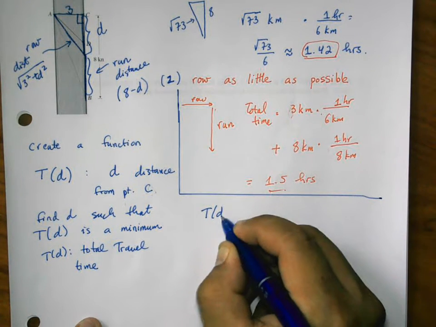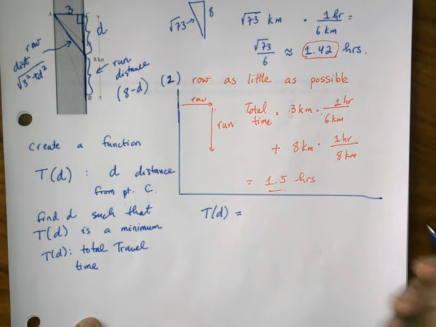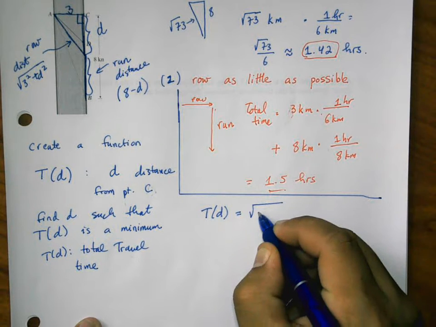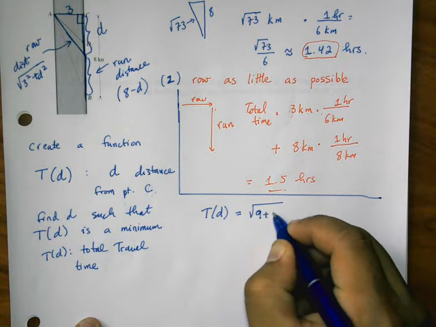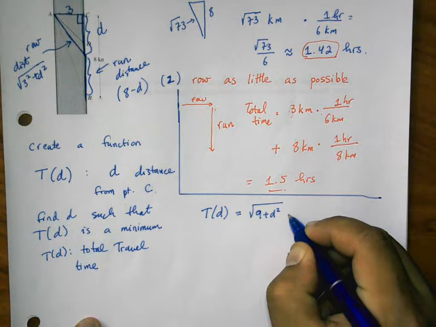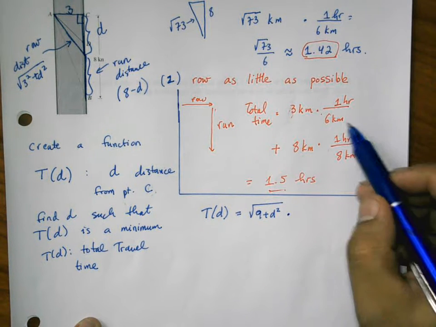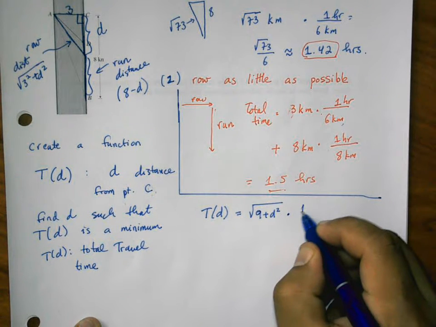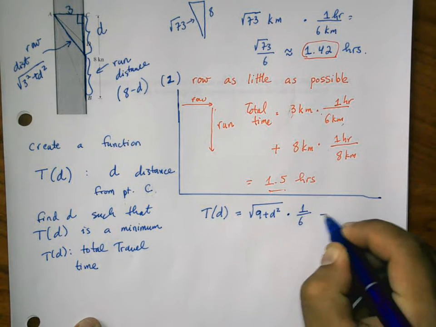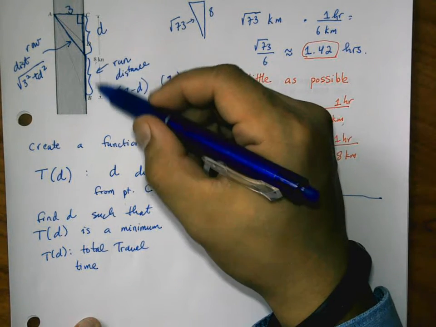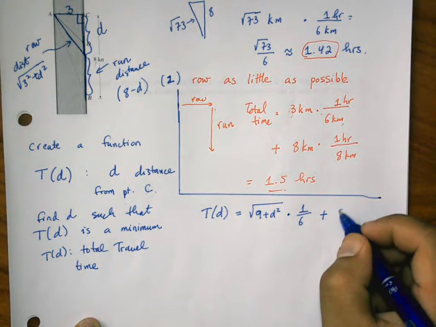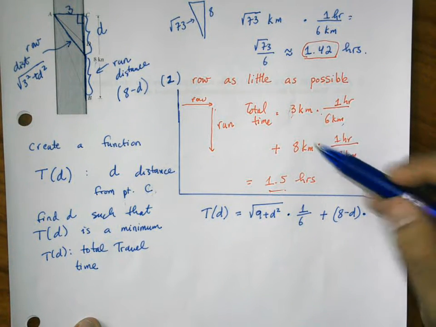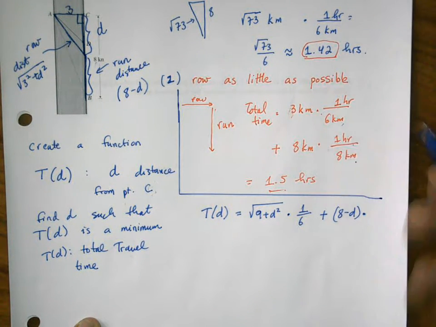The total time that he takes is going to equal how far he has to row, I'll just make this a 9, times the rowing speed, or really divided by the rowing speed, 1 over 6, plus how far he has to run, which is 8 minus D, times, or 1 over the running speed.